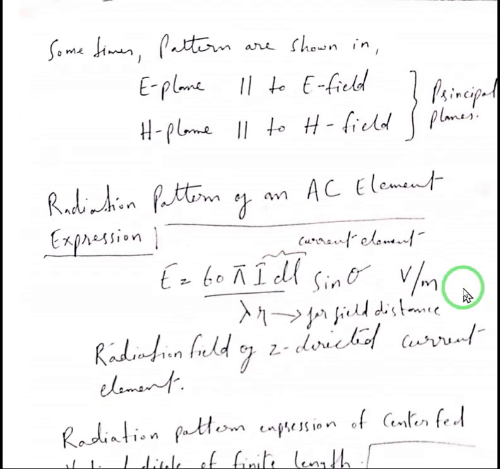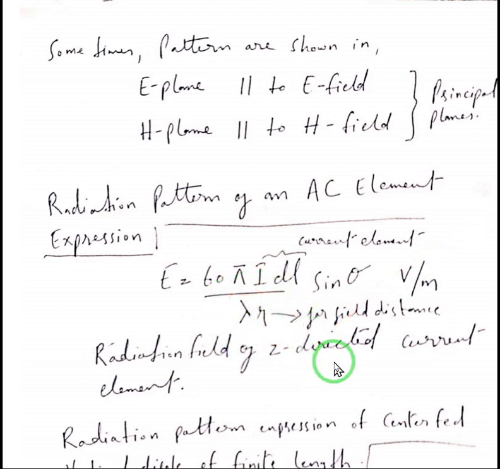Moving further, we will discuss the radiation pattern of an AC element expressions. Alternate current element expression. Expression means the formula for alternate current elements. We know that electric field intensity for alternate current element is 60 pi IDL over lambda r sin theta.